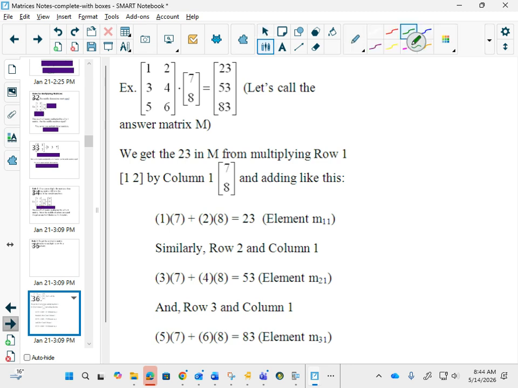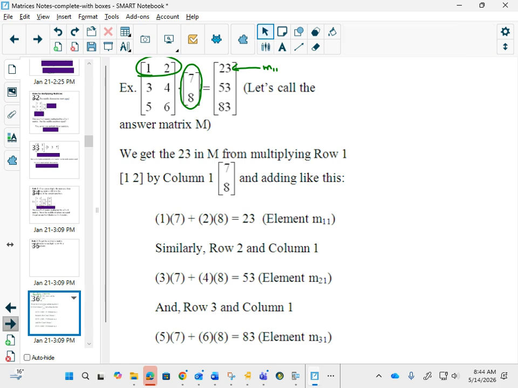You multiply rows first, then columns. To get this one, this is the answer matrix M, so this would be little m11. To get m11, you need to take row 1 and column 1.